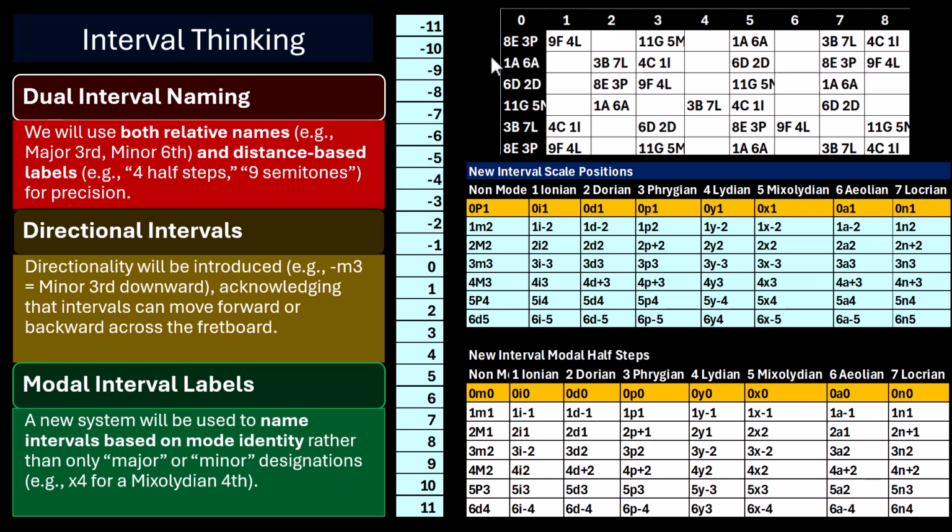Now, you might say, okay, you've gone too far there. I'm not going to learn a different modal system. But I would make the argument that when you make different chords, we should really be seeing whether the chord fits diatonically into the scale we're playing in. And if it does, it's useful to look at it from a modal scale perspective. The 1-4-5 goes from the Ionian mode to the Lydian mode to the Mixolydian mode, even though you could think about it as going from the one of a C major scale to the one of a major scale to the one of a major scale, an Ionian, Ionian, Ionian.